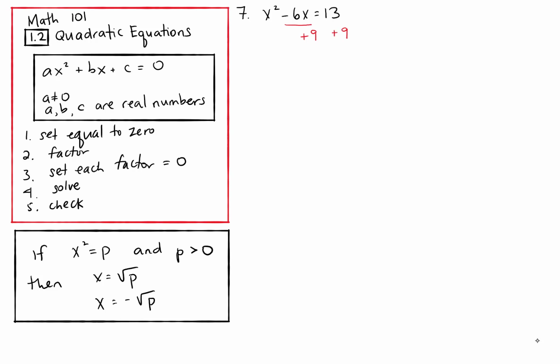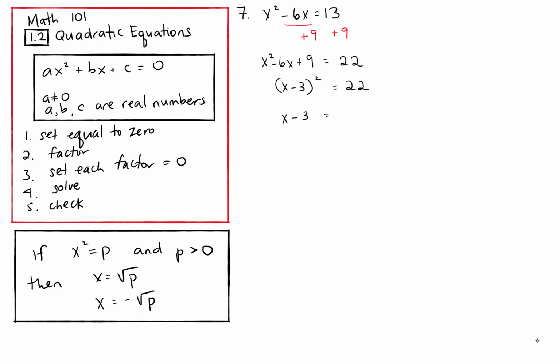And so what I have here is x squared minus 6x plus 9 is equal to 22. And so I'm going to get x minus 3 squared is equal to 22. Now that I have this, what I'm going to do is square root the left-hand side.